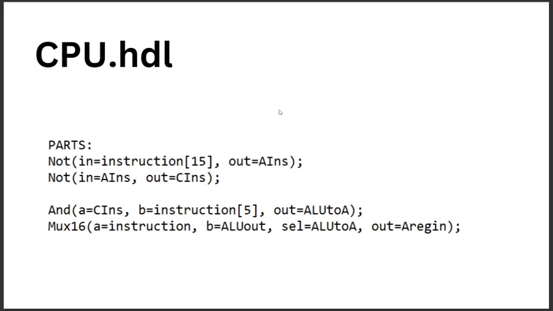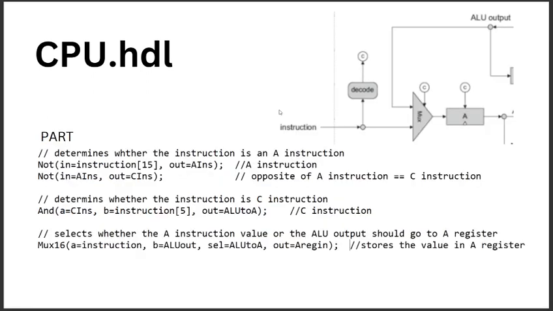This is the first part of the parts section of the code, which consists of a NOT gate, AND gate, and a MUX16 gate, which allow the CPU to perform specific operations. There are two types of instruction that come into the CPU, namely the A instruction and the C instruction. The NOT gate tells whether the instruction coming into the CPU from instruction memory is an A instruction.